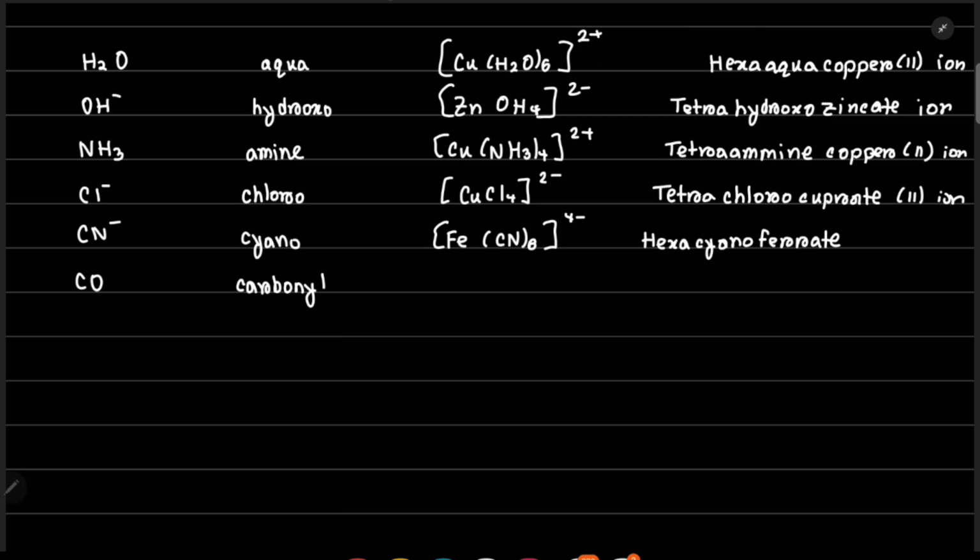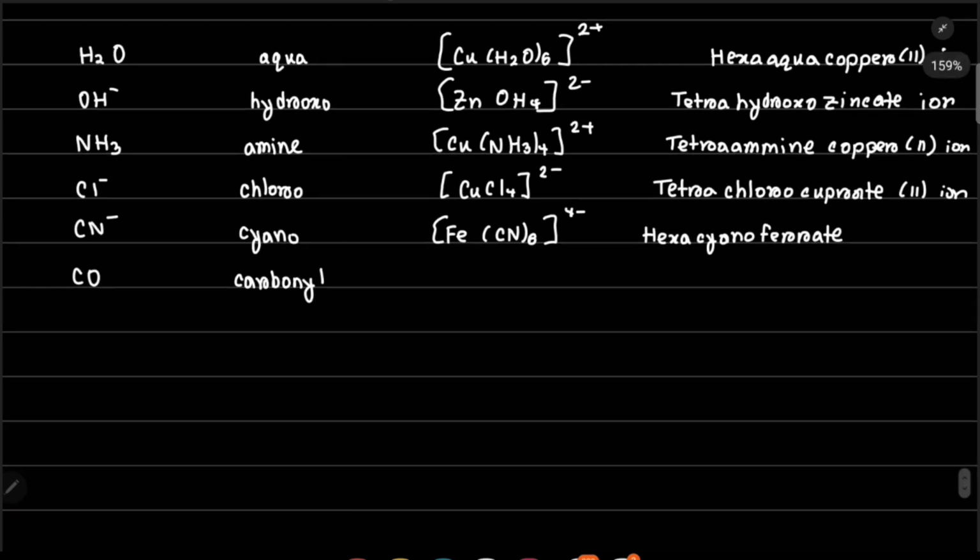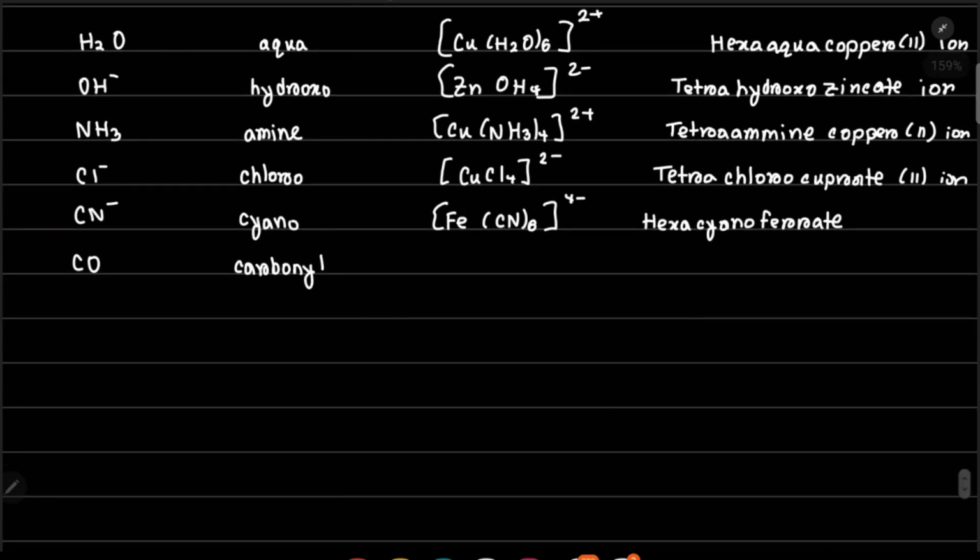So you have to remember the names of the metal we use when we have a negatively charged complex. For copper it's cuprate, for iron it's ferrate, for zinc it's zincate. These are all the ones you need to remember. In this case the oxidation number of iron is 2, so this is hexacyanoferrate(II) ion.